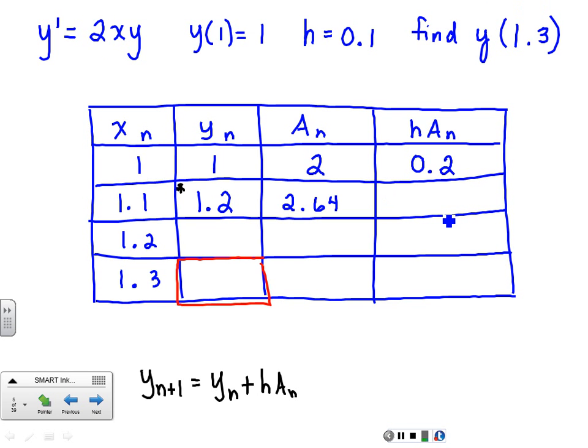So times 0.1 equals 0.264. Now, my new y sub n, remember you do Euler's method to get that. Get your new y sub n. So in this case, it's going to be 1.2 plus h times a, this blank right here, 0.264.